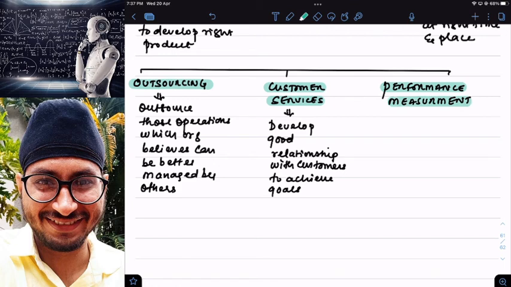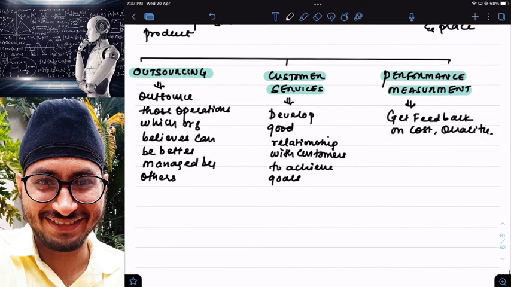Performance measurement means trying to get feedback on cost, quality of the product, customer services, etc. And once I get the feedback, I try to improve. That is called performance measurement.